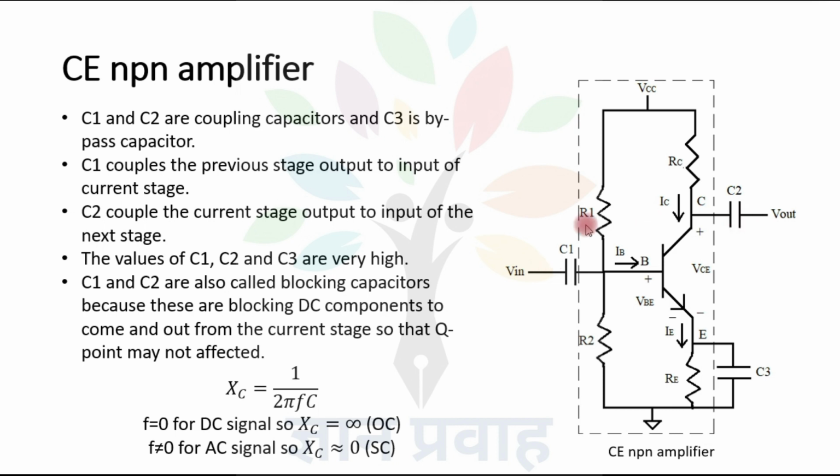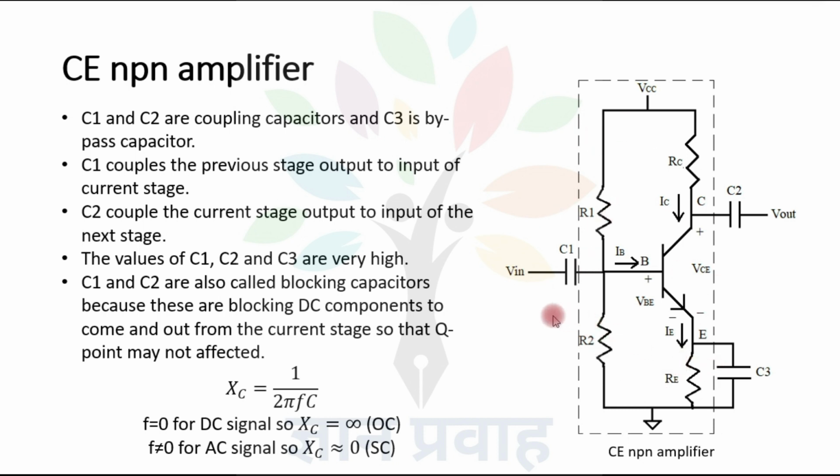The values of C1 and C2 must be large enough to provide the proper operation of this amplifier circuit in active region. So this DC biasing circuit must be fixed before applying any input signal, and after applying input signal we are focusing on AC analysis of this amplifier circuit.